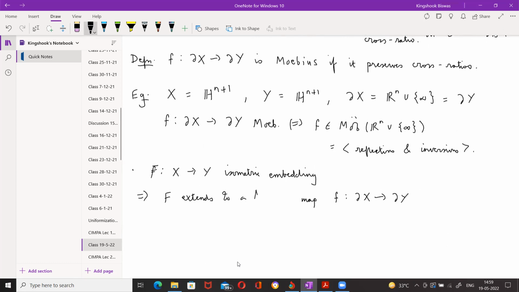So therefore, any isometric embedding extends to a Mobius map. Okay. Is this clear? An isometric embedding between CAT(-1) spaces extends to a Mobius map between their boundaries. All right.